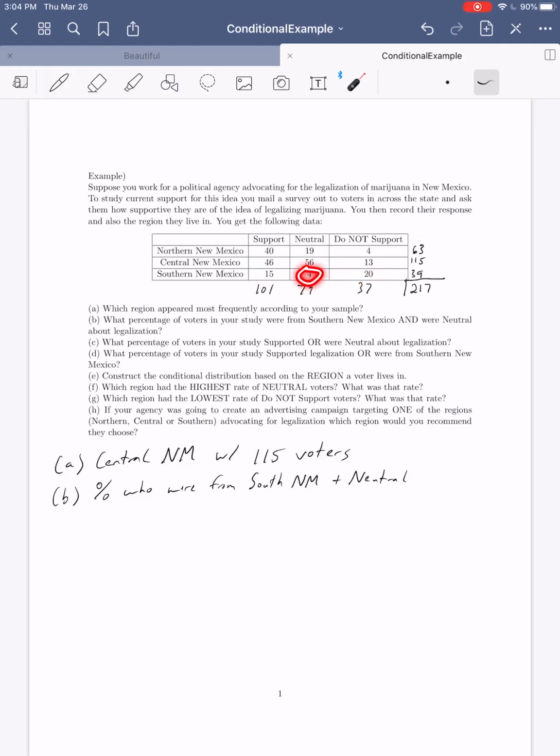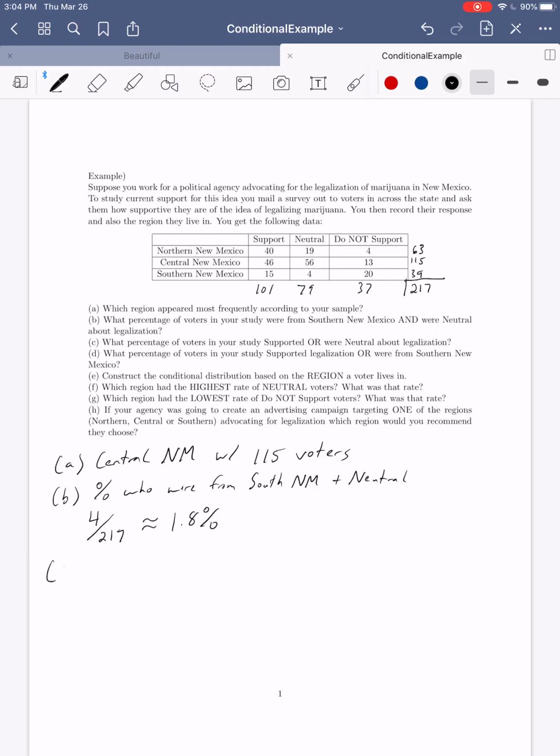And that means that there were 4 people overall who had both of those traits. So to calculate that as a percentage, we would do 4 out of the 217 overall. Convert that into a percentage, so 4 divided by 217, and you should get 1.8%. So only 1.8% of our entire sample were people from southern New Mexico who said that they were neutral.